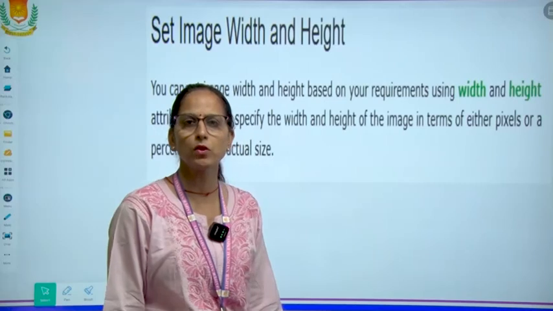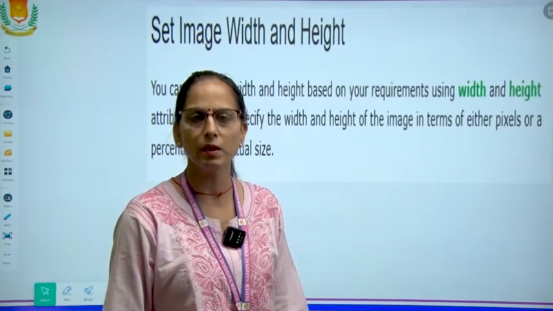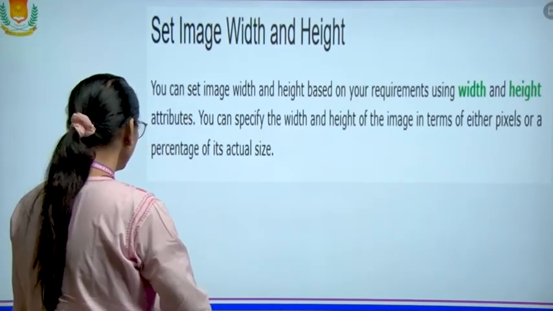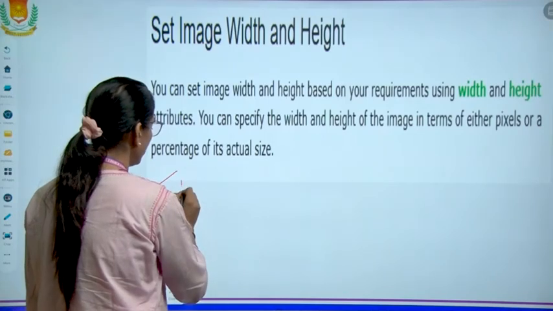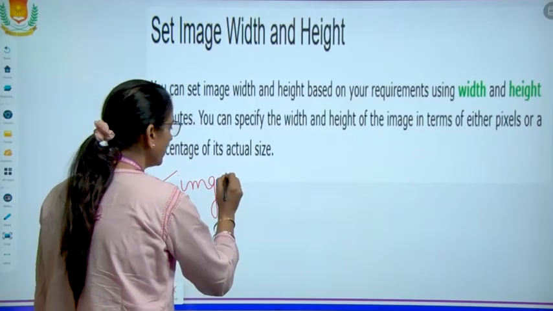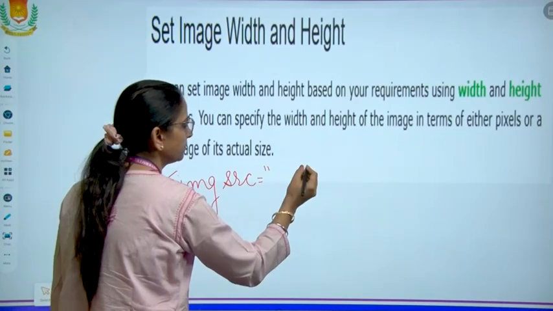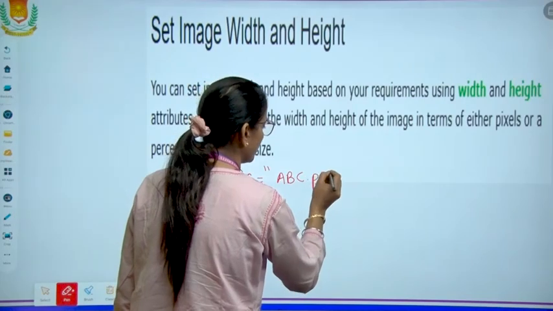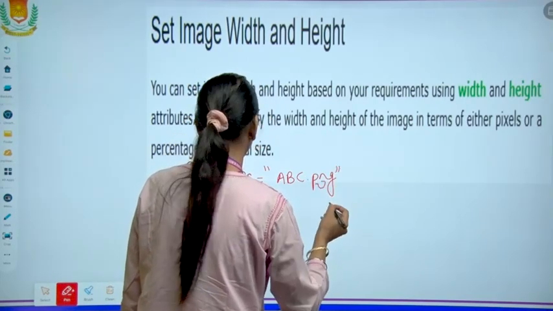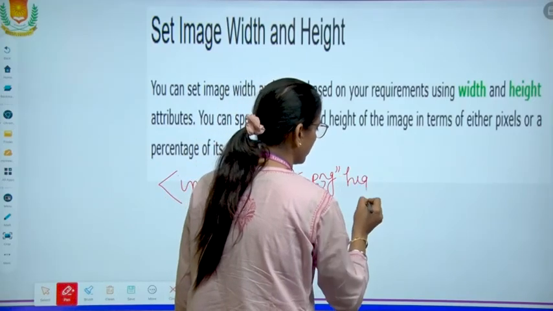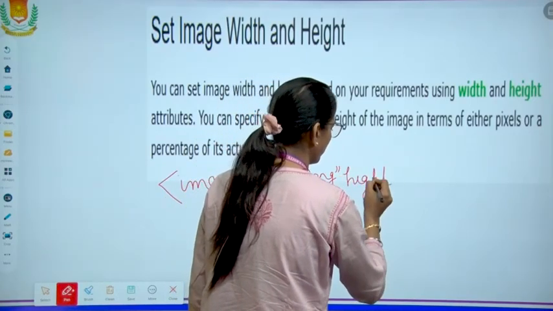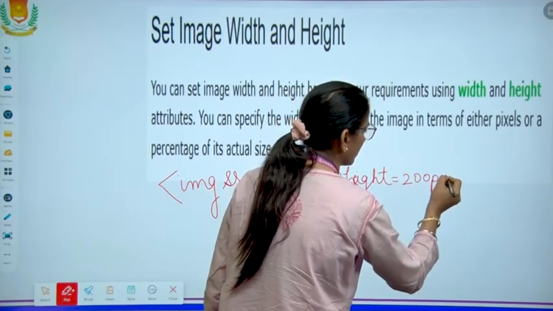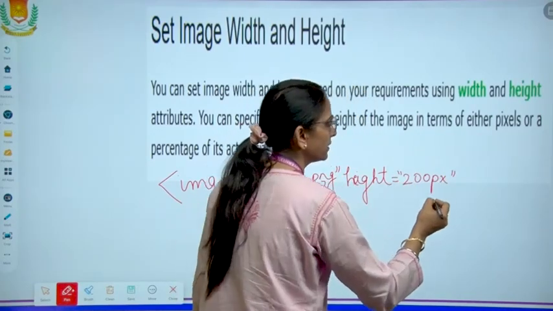Now we will discuss the height and width attributes of the image tag. How can you define the height and width with the image tag? First of all, we have to mention the location. Pixels.